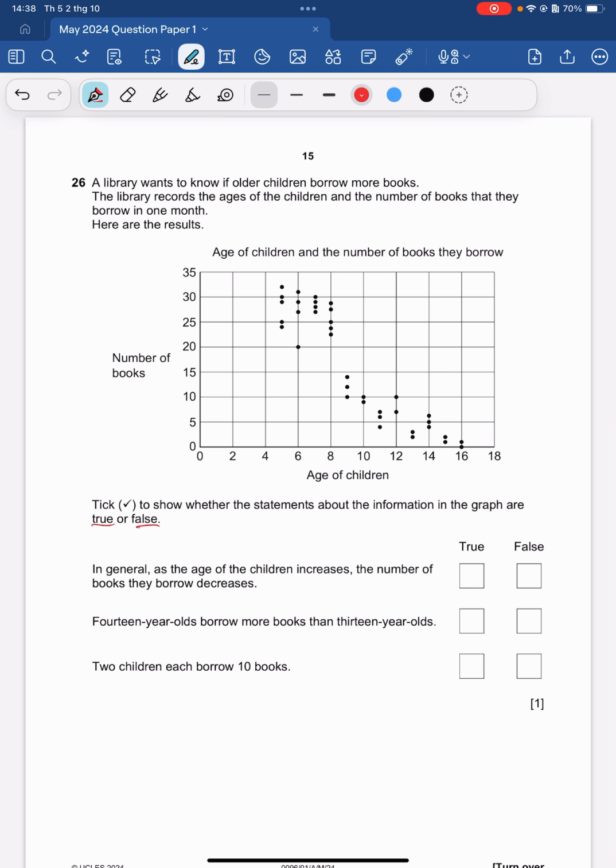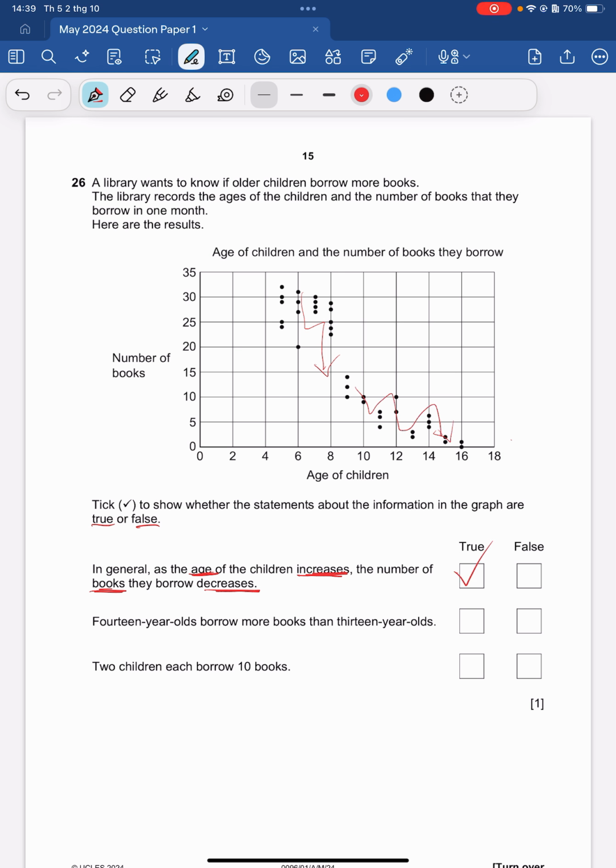Okay, let's see. In general, as the age of the children increases, the number of books they borrow decreases. Okay, as the age increases, that means we look from the left to the right, and the books decrease, right? That's right.